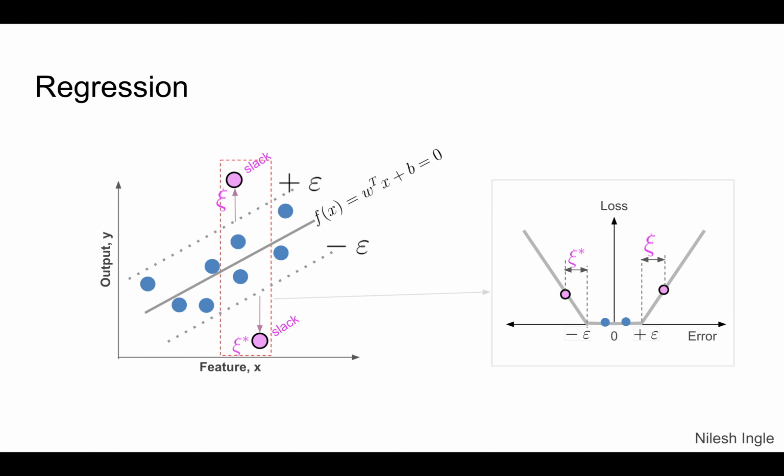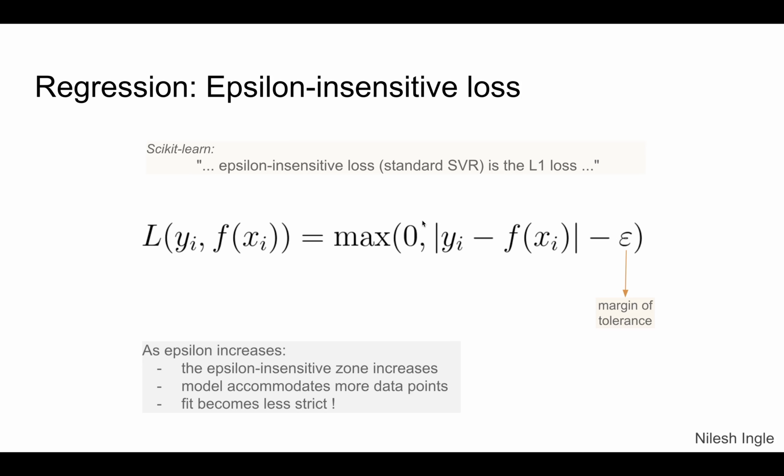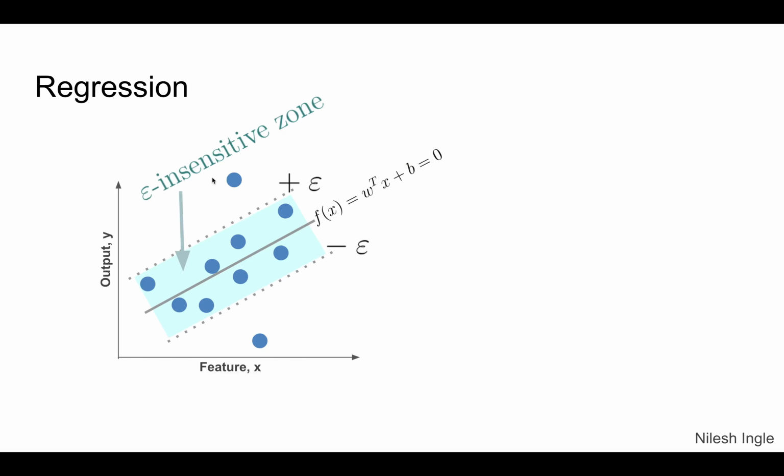And this is the equation that gives the epsilon insensitive loss, which is the maximum of zero or the absolute value of yi minus f of xi, minus epsilon. And as I mentioned earlier, as the epsilon insensitive zone increases, as it becomes broader and broader and these dotted lines go farther apart, they start including points that are far away from this center line shown here in green.